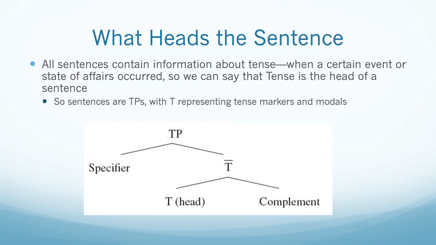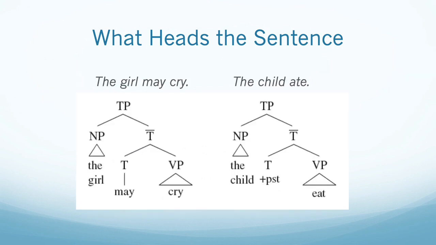And that further branches to the T on the left, which is the head of the sentence, so the tense goes there, and then on the right, the complement. Using this structure with tense as the head, tense takes as an obligatory complement a verb, because you have to have a verb if you have tense. So let's see what this looks like with a couple of examples. Take the sentence, "The girl may cry."